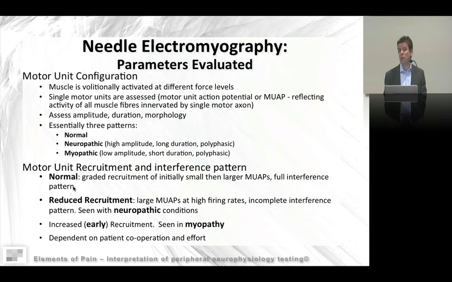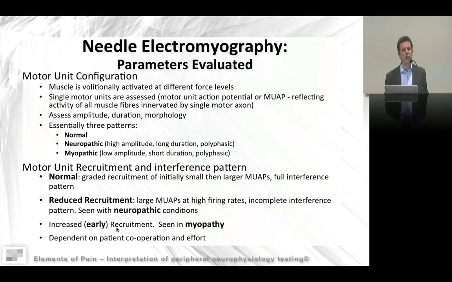And so we get, again, essentially three patterns. We have normal, where we have a graded recruitment from smaller to larger motor units, and the units themselves look normal. We have reduced recruitment where, because there's loss of axons in a neuropathic condition, larger units fire earlier than they should, and you don't fill up because you haven't got enough axons to maintain force, and this is why there is weakness.